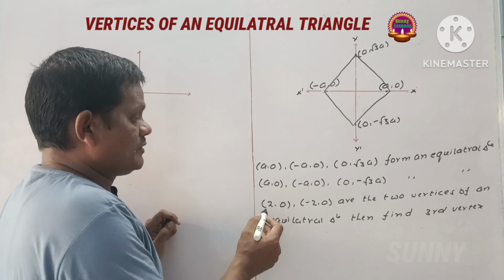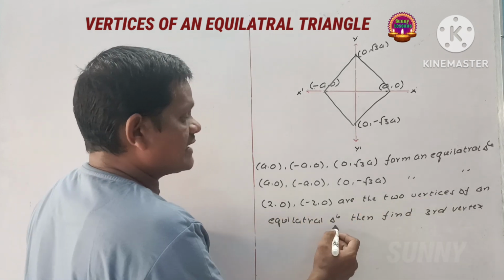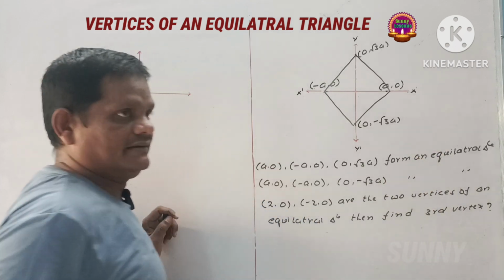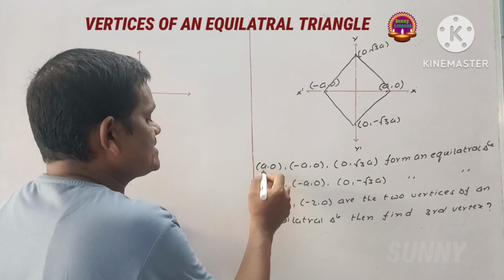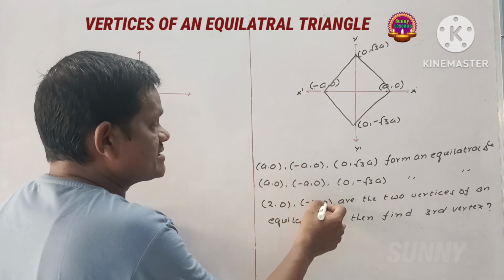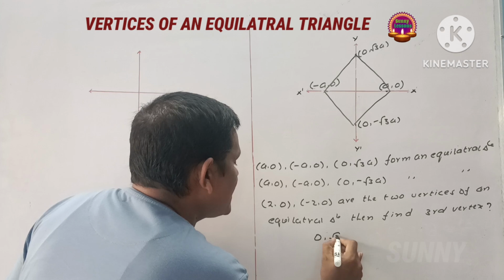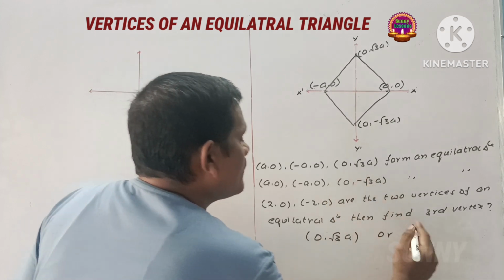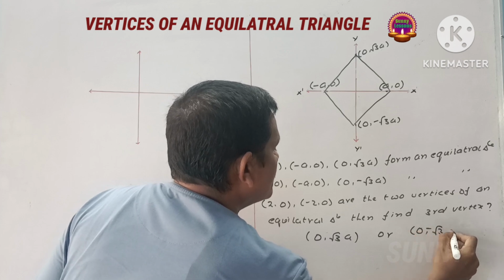Let us take one example. (2, 0) and (-2, 0) are two vertices of an equilateral triangle. Then find the third vertex. Here (2, 0) and (-2, 0) are given, meaning (a, 0) and (-a, 0). The third vertex is (0, root 3 a) or (0, -root 3 a).